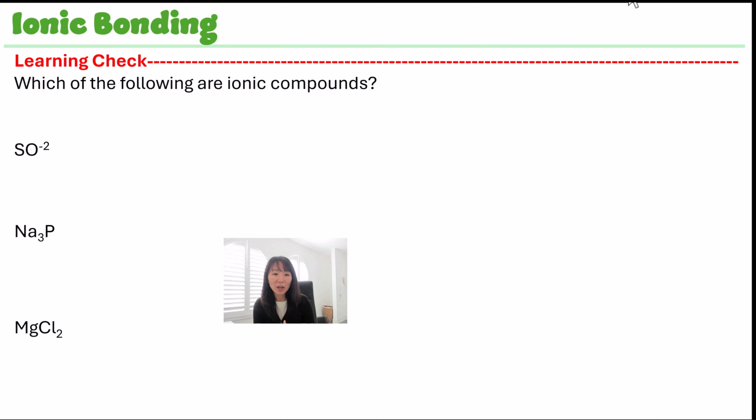Let's do a learning check. Which of the following are ionic compounds? The first one is made up of a non-metal and a non-metal. Though it is an ion, it is not an ionic compound because it is made up of non-metal and non-metal.